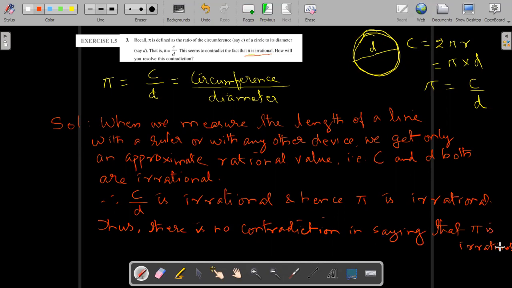So like this, we can write the reason. I explained this before also in the previous class.